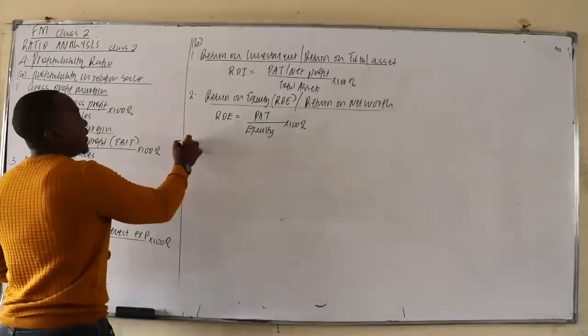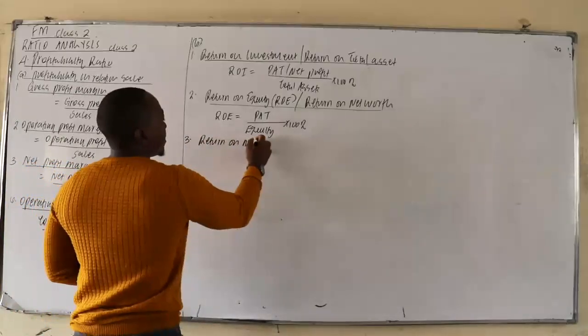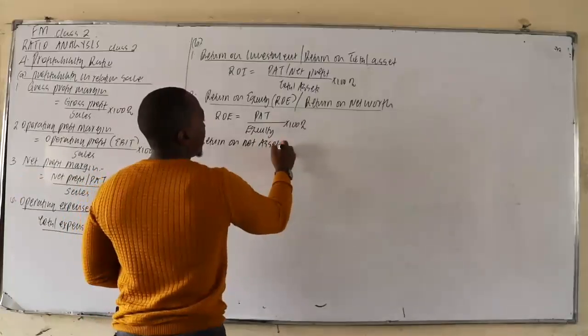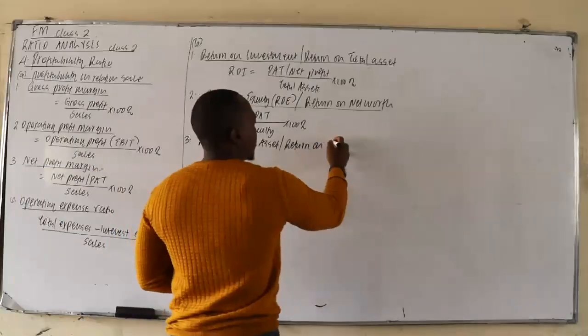Good. Number 3, we have return on net assets, also known as return on capital employed.